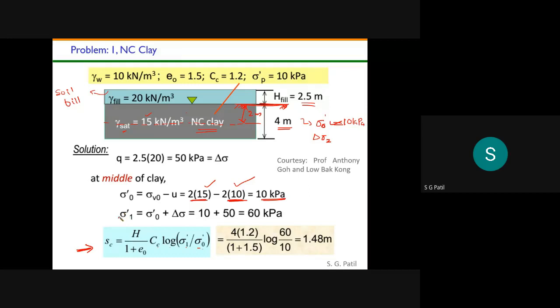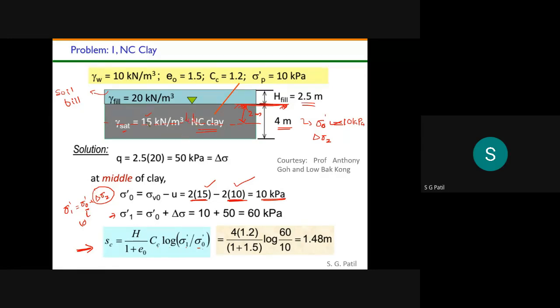And what is my sigma 1? Sigma 1 dash is nothing but my sigma naught dash plus delta sigma z. Sigma naught I got is 10 kilopascal. And what is my delta sigma z? Anyone can tell me what is my delta sigma z at this level?